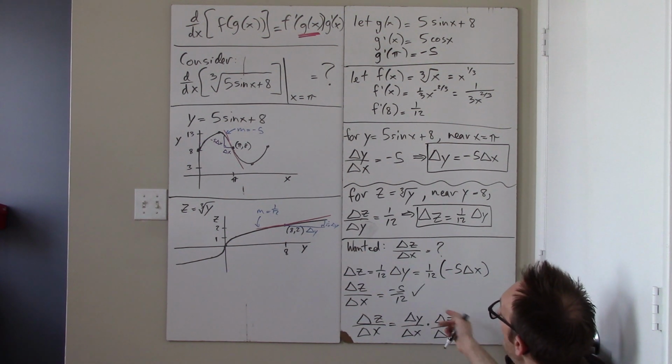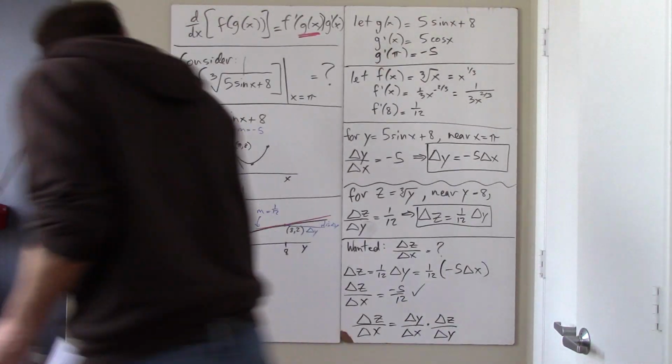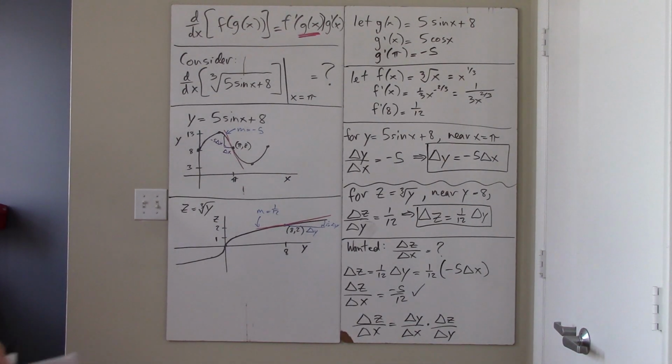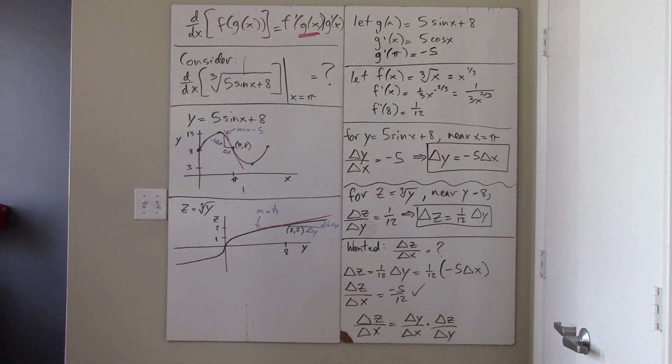And of course you multiply them because they're just fractions. This is not a proof of the chain rule, this is a way of understanding the chain rule. And it does really make it trivial because it says that derivatives are just fractions.